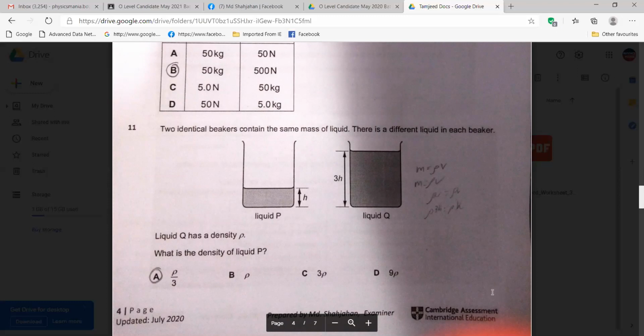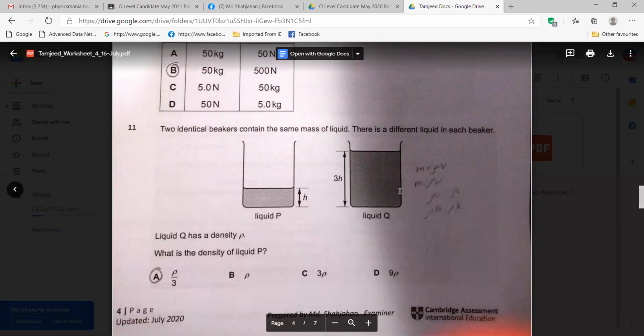What is the density of liquid P? Look, it's a very simple idea. They are saying they have the same mass. If they have the same mass, then does this one have more density or this one?